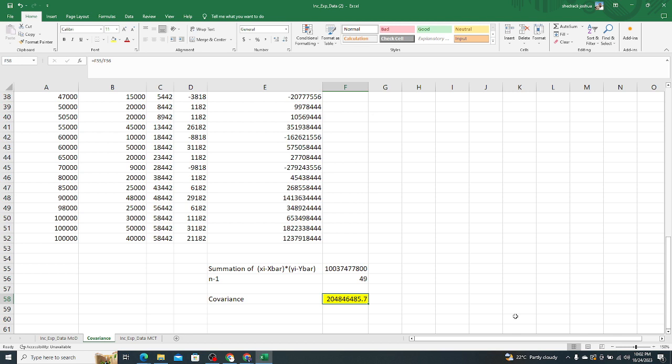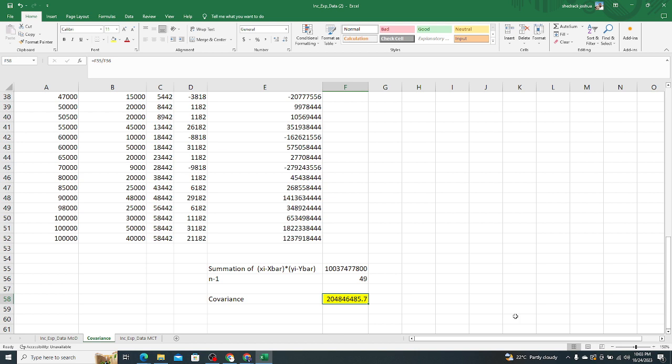That is, the employees' income tend to increase, or the employee's expenses, let me reframe it. The employee's expenses tend to increase with an increase in income.